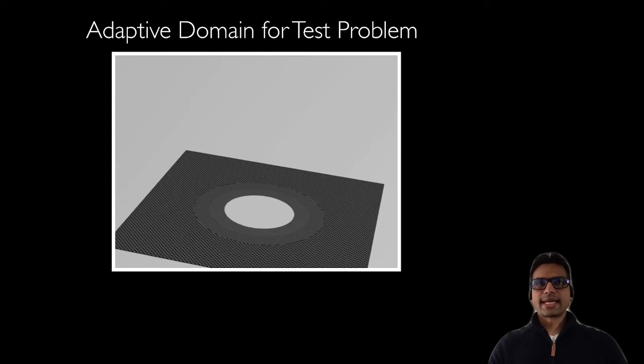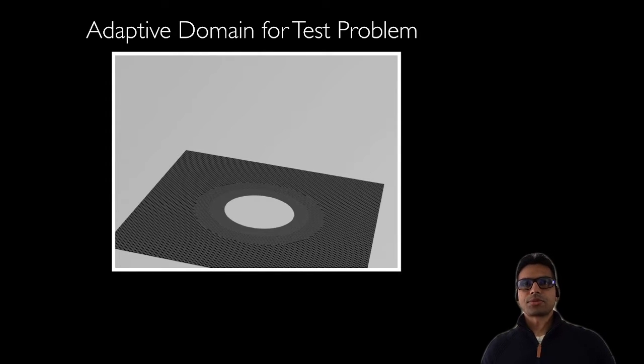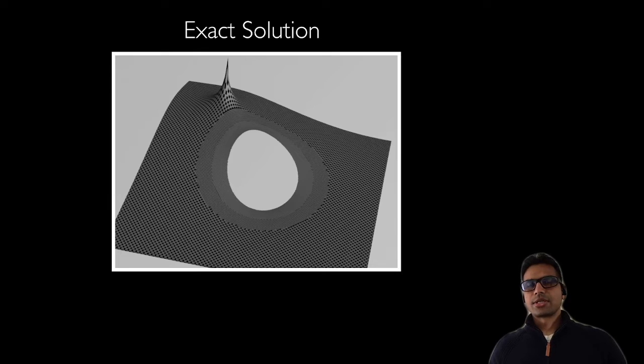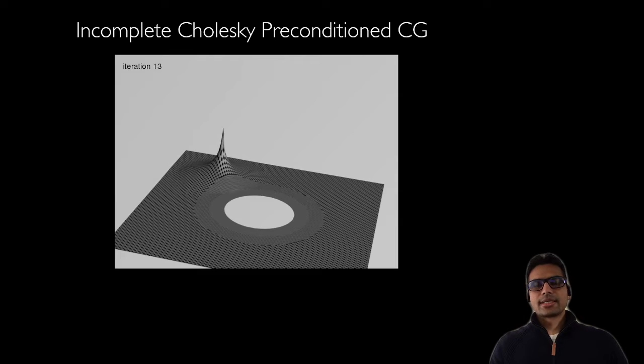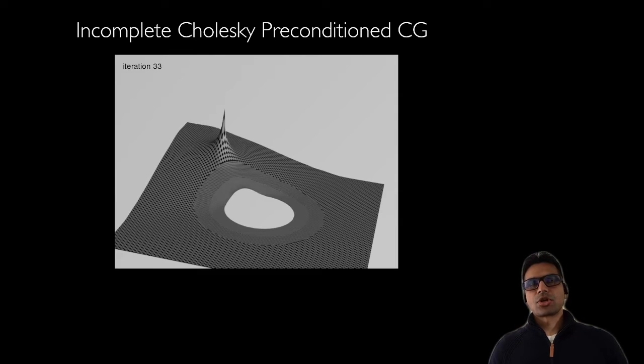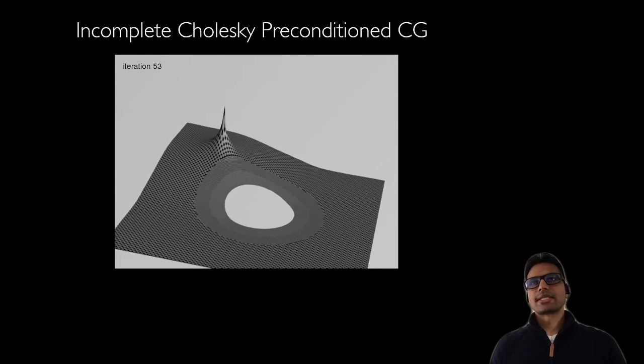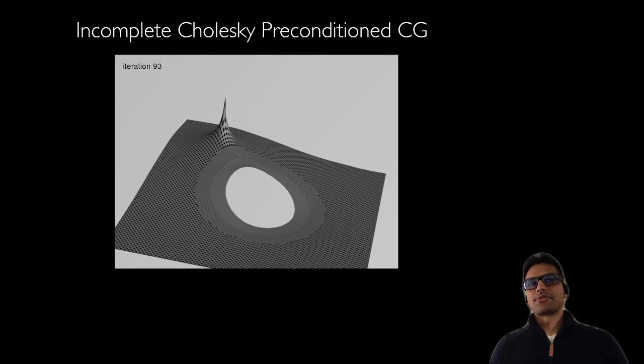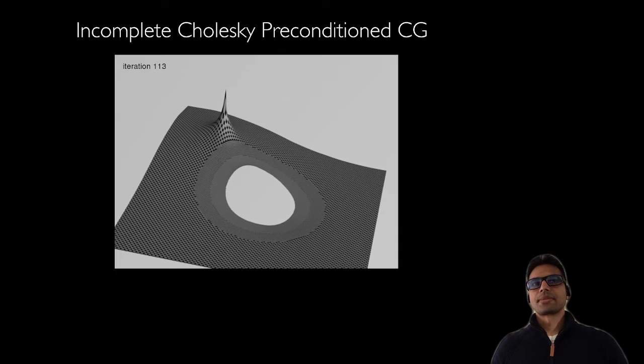So the easiest way to understand the benefit would be to consider a test problem. Here there's an adaptive domain with three levels of resolution, and the exact solution looks like a tent function. Now, just for the sake of comparison, I'm showing the convergence of another solver, which is called incomplete Cholesky preconditioned conjugate gradient, and this is the industrial standard for solving these kinds of problems.